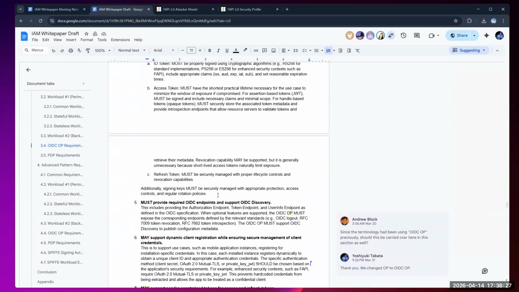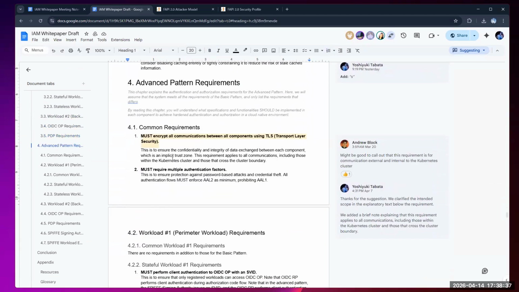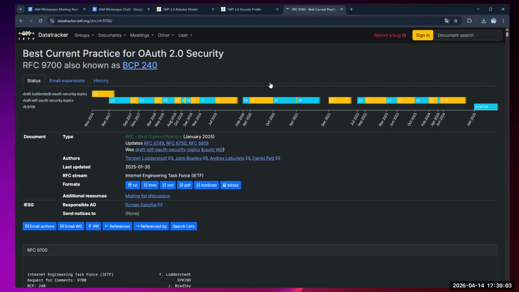Several discussion points. Currently, our basic and advanced patterns don't support FAPI 2 fully. It's only partially supported. So I'm concerned, should we add support for FAPI 2 for high security environments in the advanced pattern with optional or should level?